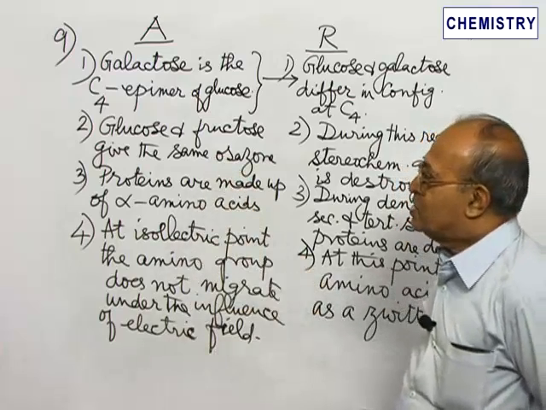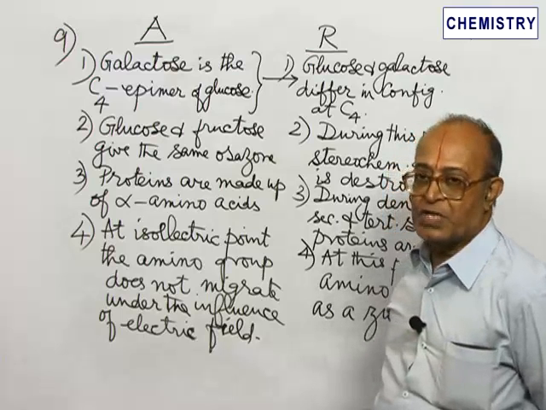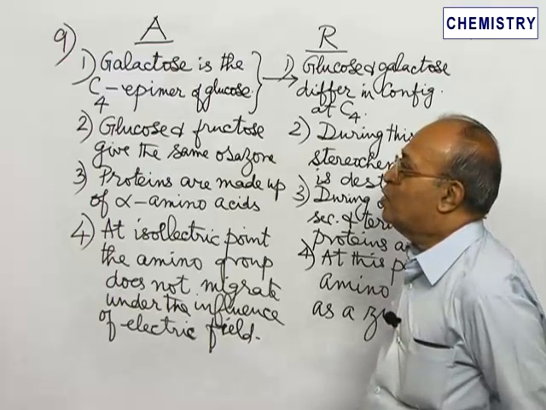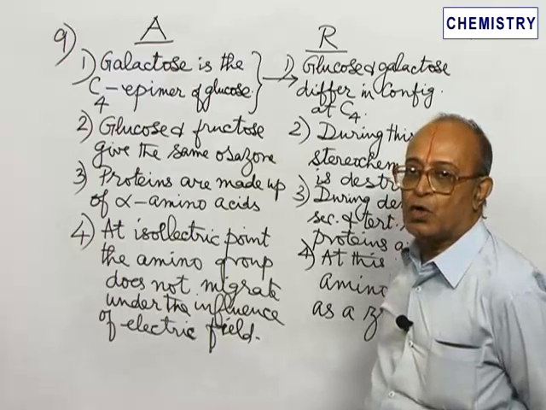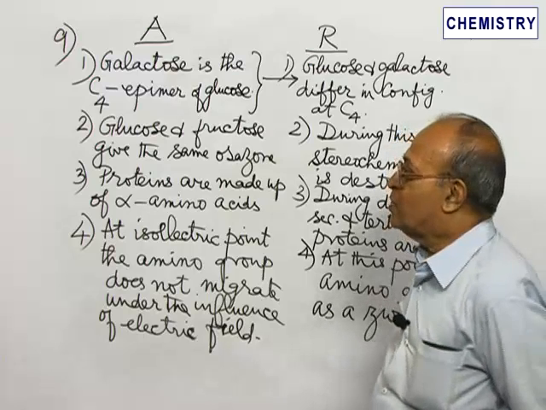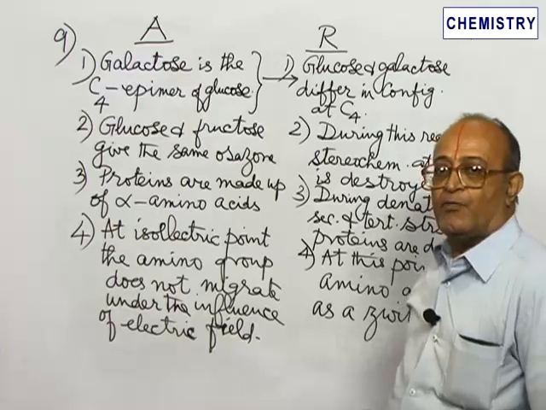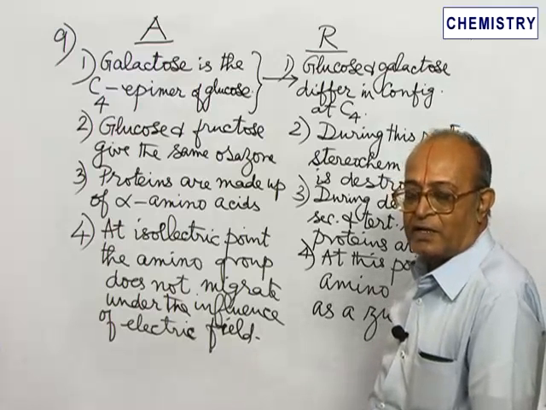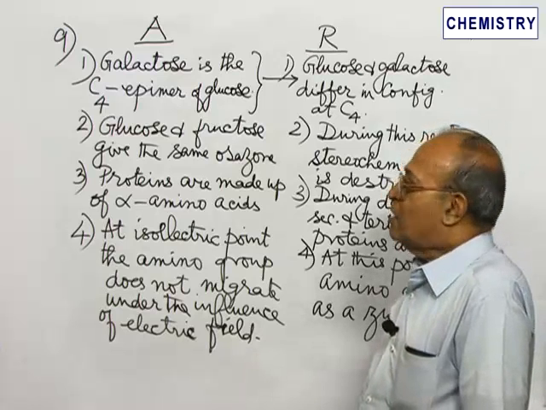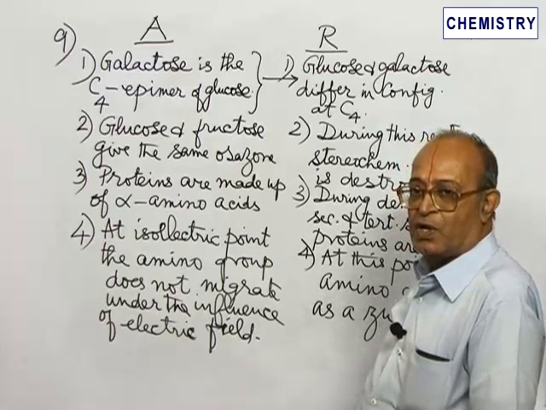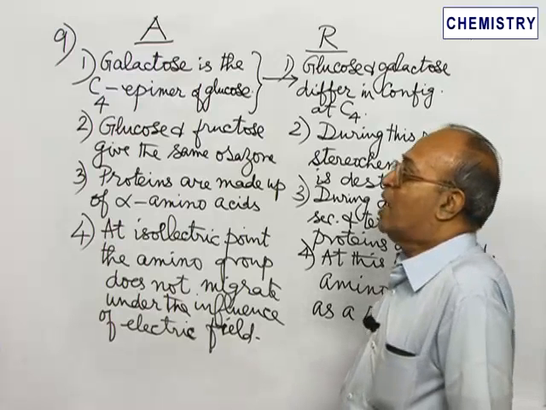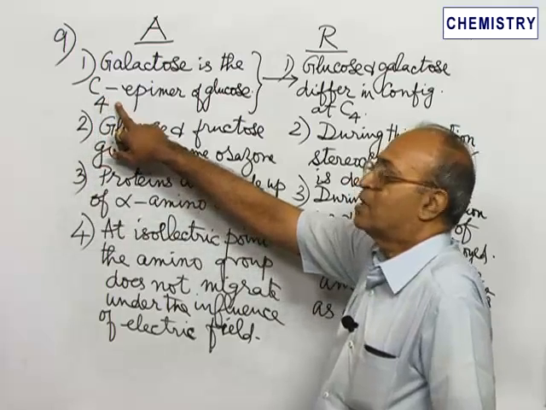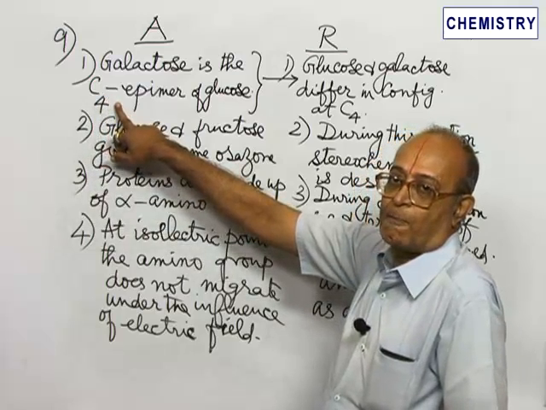Galactose is the C4 epimer of glucose. That means galactose and glucose are also examples of epimers, but the difference lies not in the configuration of C1 or C2, but in carbon number 4.